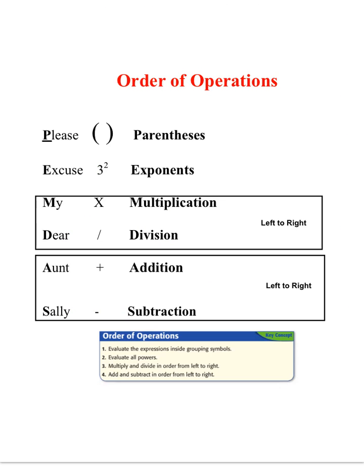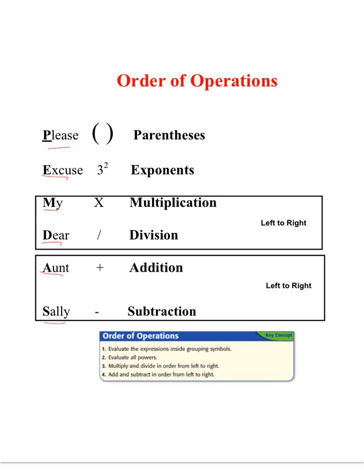Here's another way to look at it. I would make sure to copy one of these down, either this one or the one on the last page. Order of operations, there's this little saying here that we can use to remember: please excuse my dear Aunt Sally. We take the first letter and that tells us what mathematical operation we are doing.